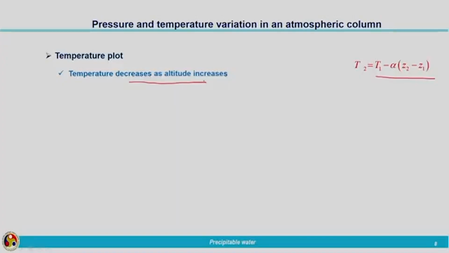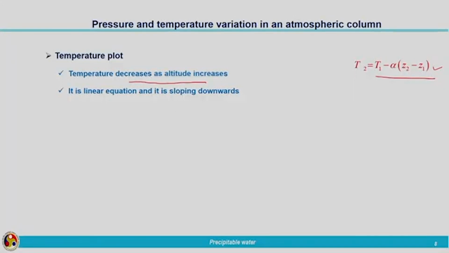At section 2 it will be lower than at section 1. Temperature decreases as altitude increases. And look, this equation is in the form of y is equal to mx plus c. Forget about the sign, it is representing the slope, how it is changing. We already know that as the altitude is increasing, the temperature is decreasing, that is why we have a negative slope here. It is a linear relationship.